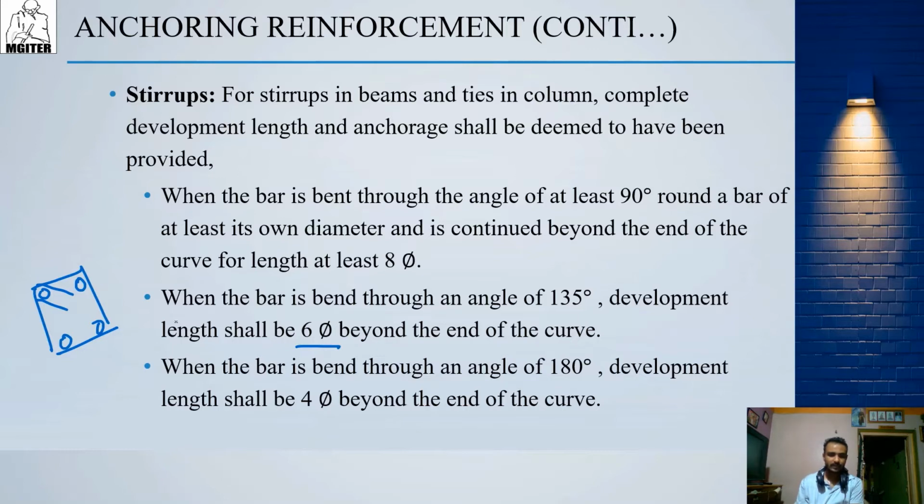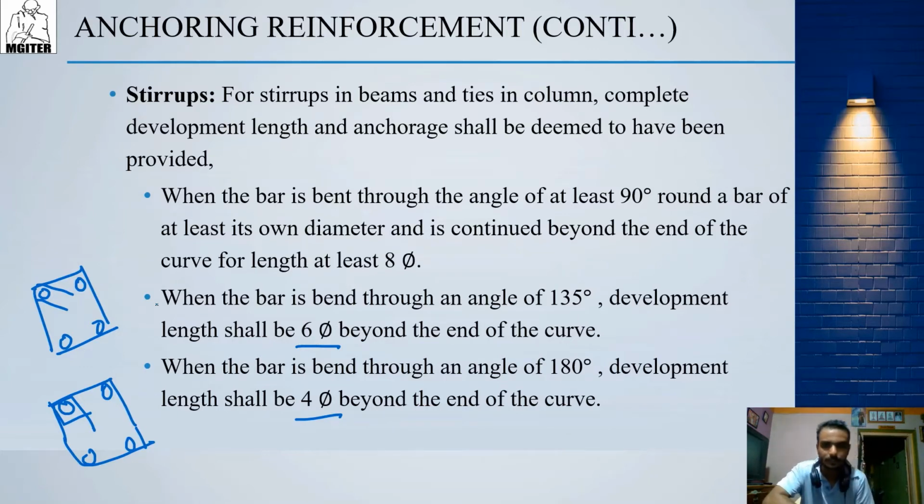And when the bar is bent through the angle 180, it looks like this. For this type of 180 angle, the length shall be 4 times the diameter. Understood? Simple, it's between the ends.